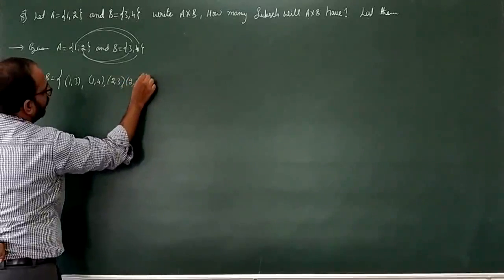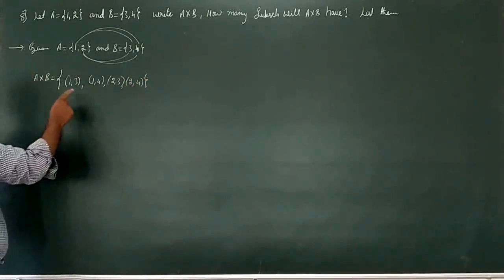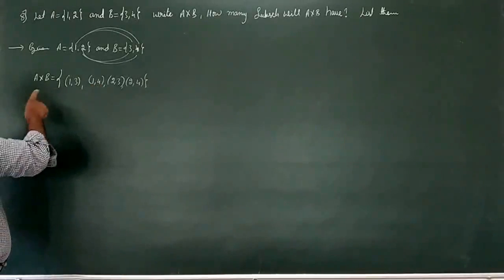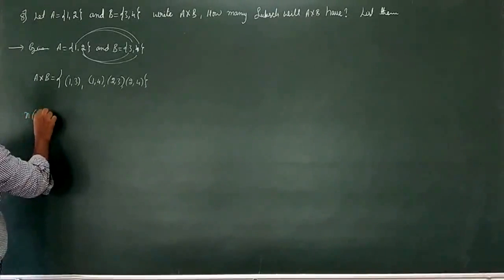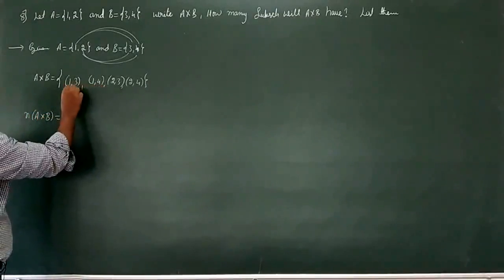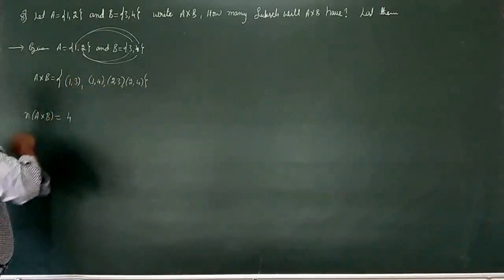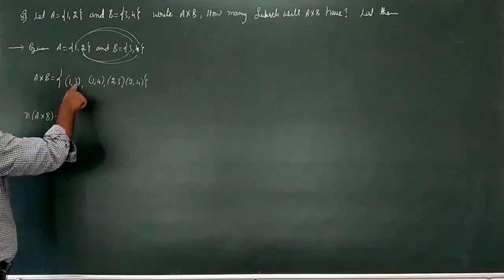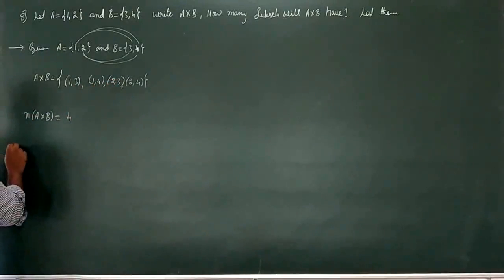These are the elements of the Cartesian product of A and B. Totally there are 4 ordered pairs in the Cartesian product of A and B, 1 2 3 4. There are 4 ordered pairs or 4 elements. Therefore the number of elements present in the Cartesian product of A and B is 4.